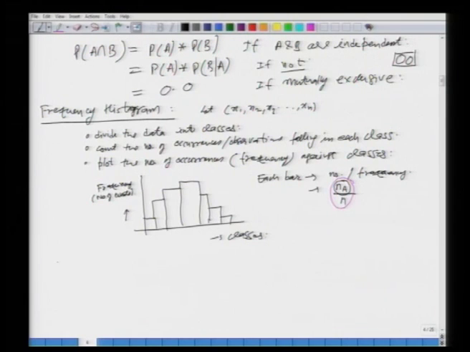The next thing we will define is what is called the relative frequency function.